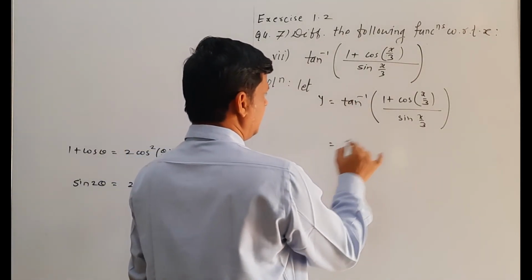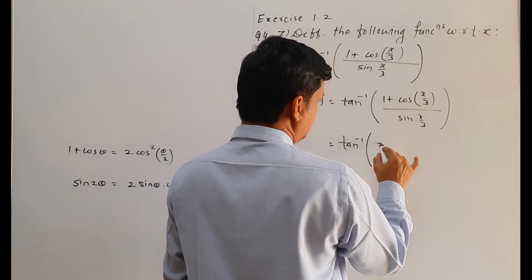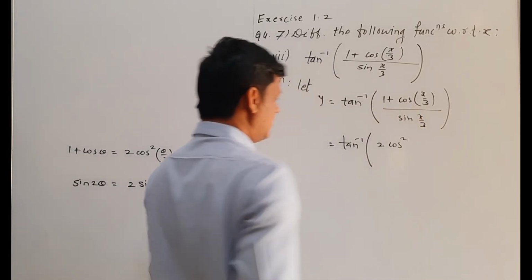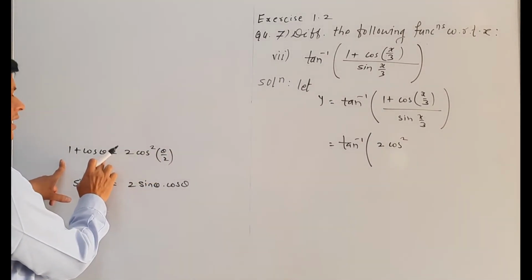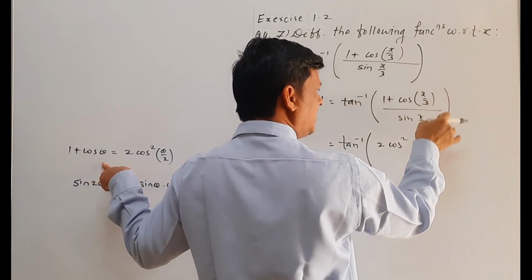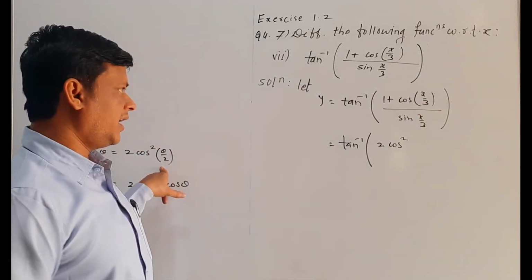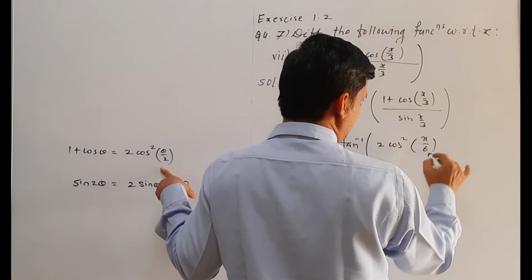So we write this numerator in bracket, tan inverse of this 2 cos square. Now using this formula, instead of theta we have x by 3. So we write this as x by 3 and this 2, so we get x by 6. So we write here 2 cos square x by 6.